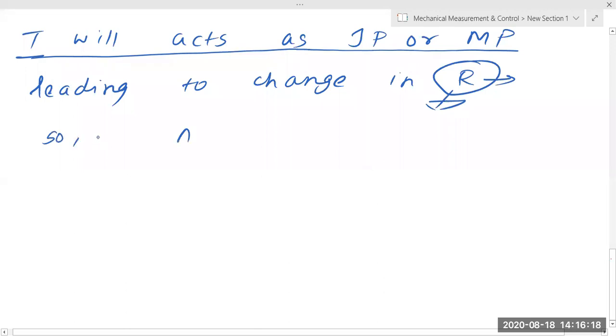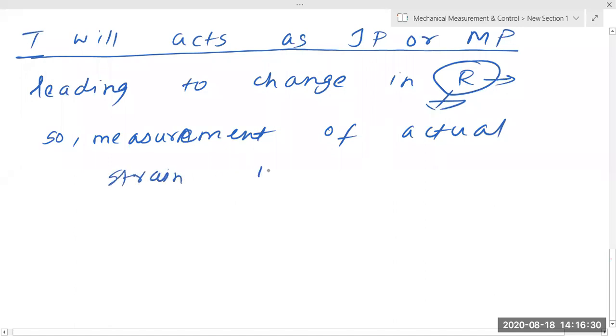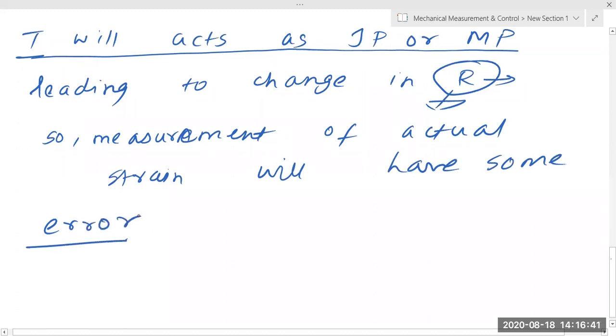So measurement of actual strain will have some error. I hope everyone is getting it.